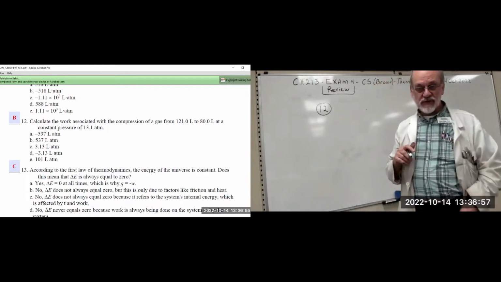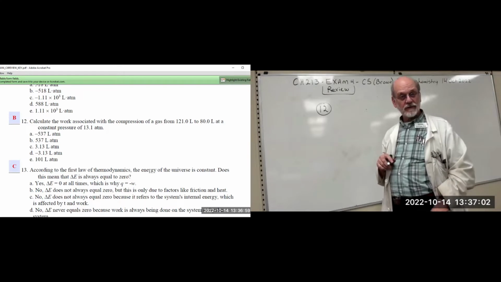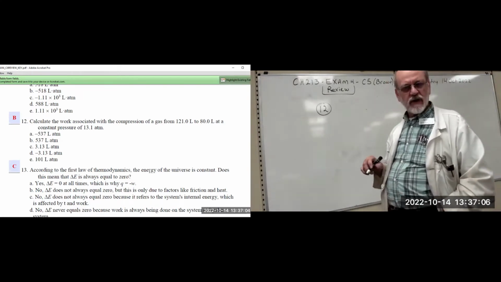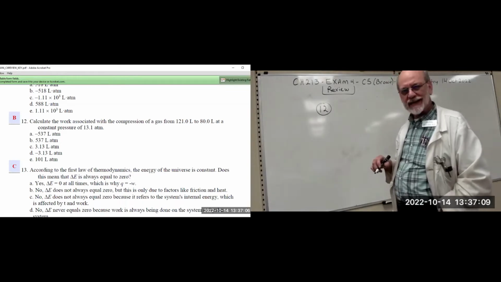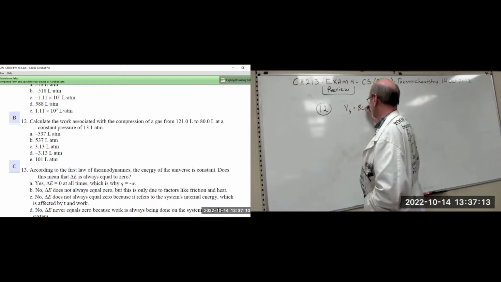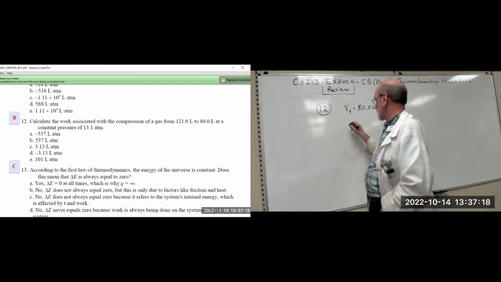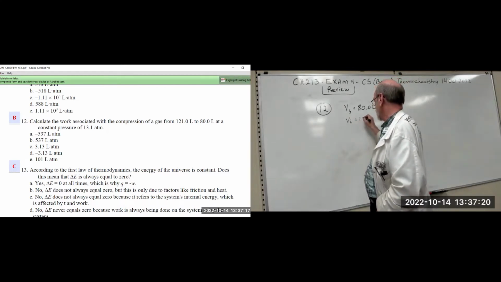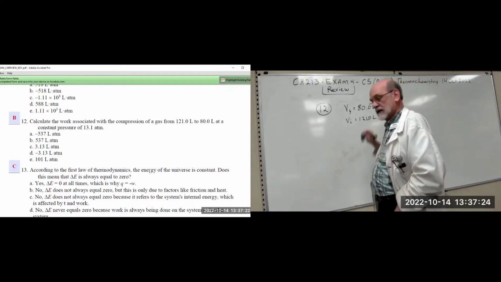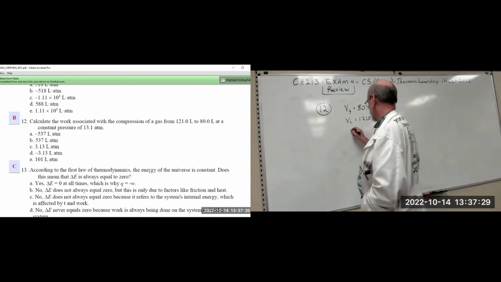So if you miscalculate, you might get the number right, but the sign wrong. So let's go ahead and work this one. Compression of a gas from 121 to 80 liters. So the final volume is 80, and the initial volume is 121, under a constant pressure of 13.1 atmospheres.